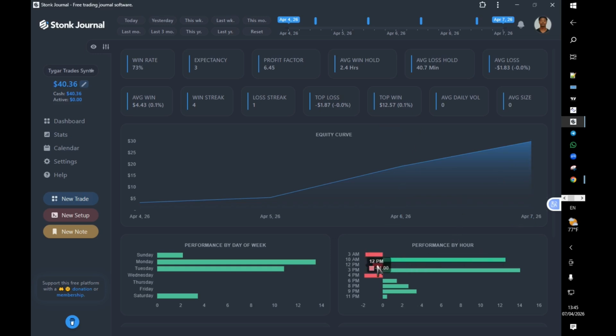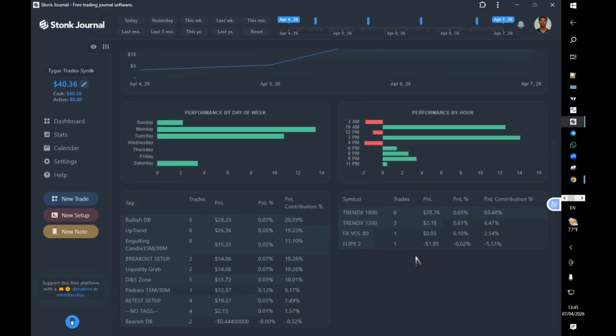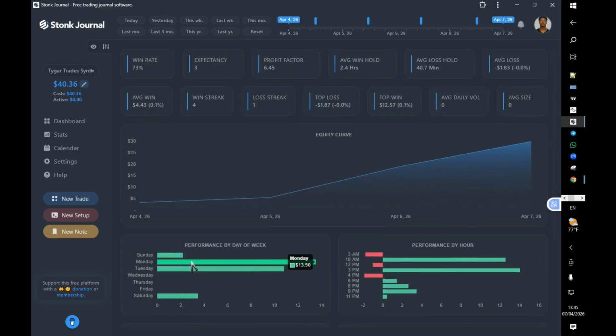And this will be the performance by the hour, and then you can see my highest performing and my lowest performing phase right here, and my highest performing setup and the lowest performing setup. So it is a very nice journal here.